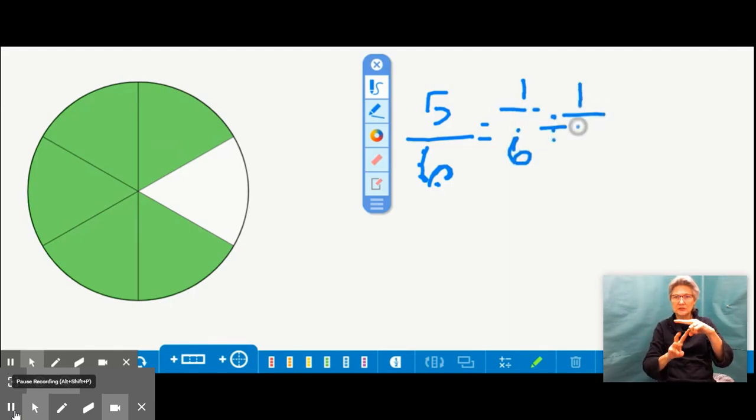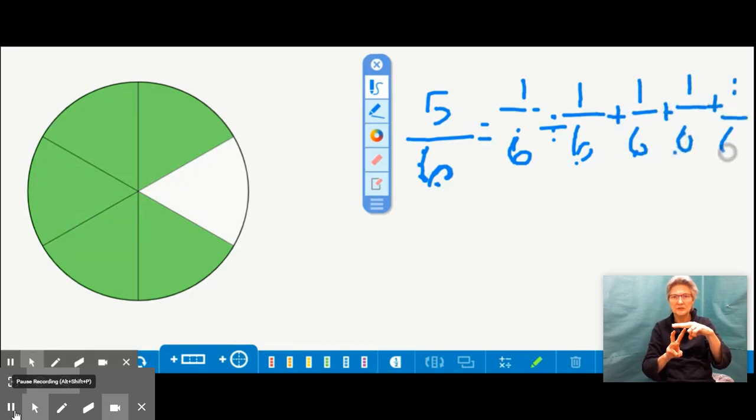I'm having a hard time writing here, so you're going to have to be creative with me and know that those all say 1/6 because those are our unit fractions. So here we wrote 5/6 as a sum of the unit fractions.